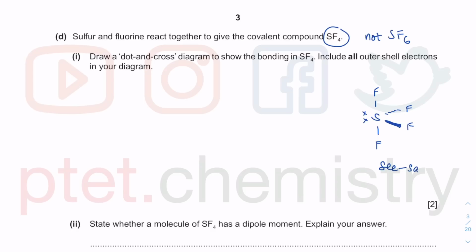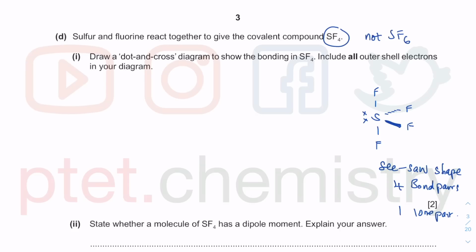This is a seesaw shape molecule because it has 4 bond pairs and 1 lone pair. Quite an unusual shape that you don't normally encounter in A-level chemistry, but in A-level, they can ask you whatever they want.